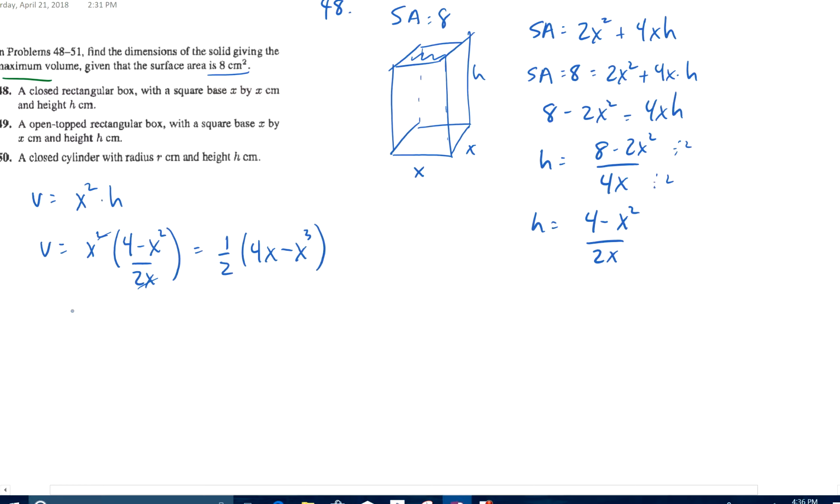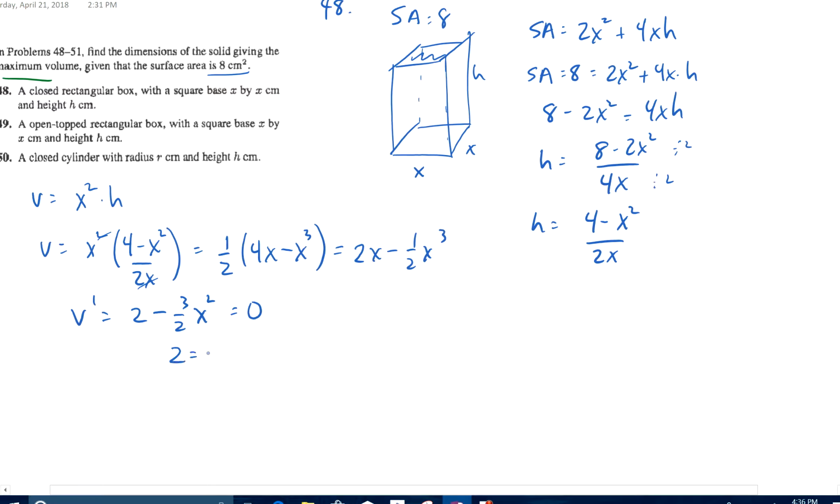Now I want to find the maximum value for x, so that's V prime, or dV/dx. Let's write this as 2x minus 1/2 x cubed, to make it even easier. So the derivative would be 2 minus 3/2 x squared, and I want to set that equal to 0 to find the critical points.